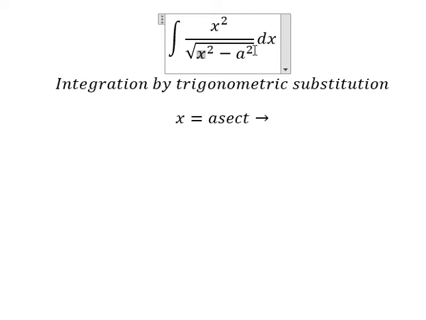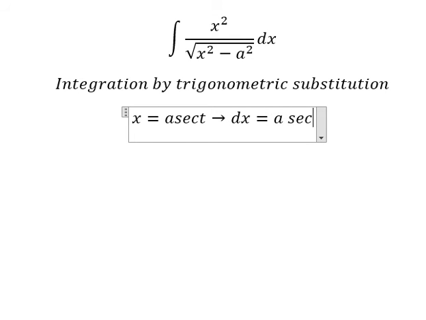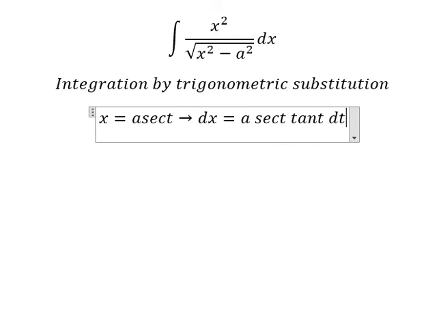We can do factorization. Secant of t square minus 1, you got tan t square, and later we simplify the square root and dx. If we do first the derivative for both sides, you got dx equals to a secant of t tan t dt.